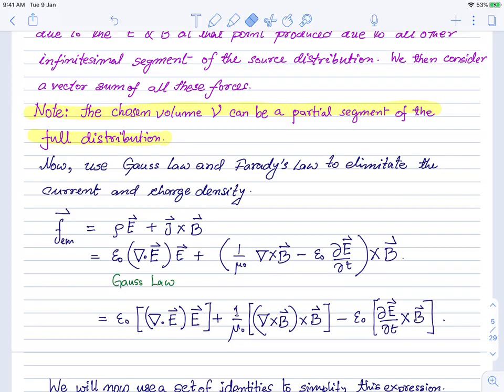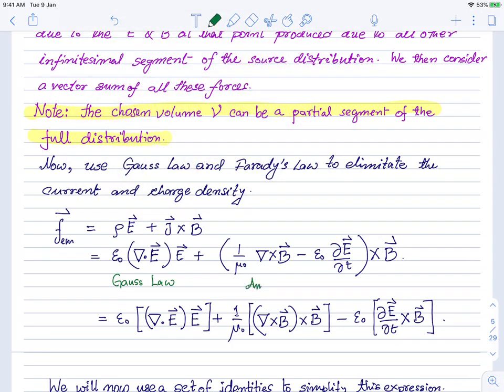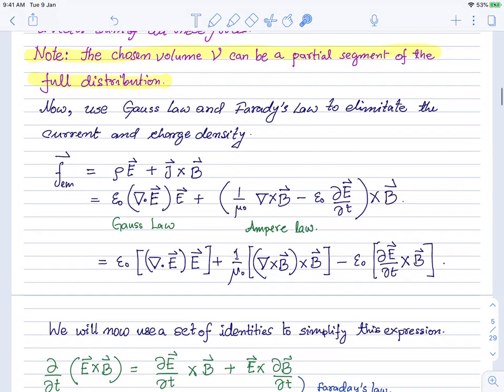That is done by Ampere's law with the Maxwell correction. This is a local equation that has to be valid point by point, and therefore we can just use it here. So the current density can be substituted by the magnetic field and the electric field at that point of interest. We use the local form of Ampere's law to do that. This is the first step.